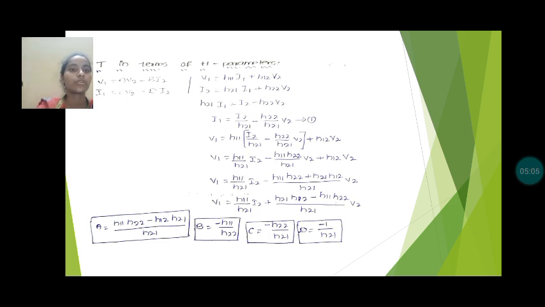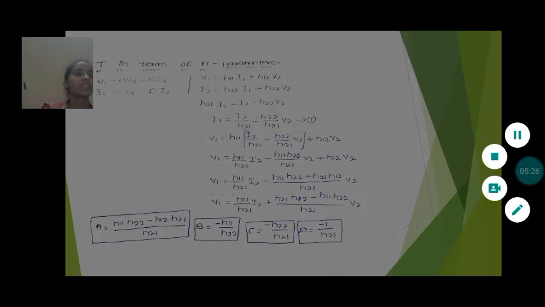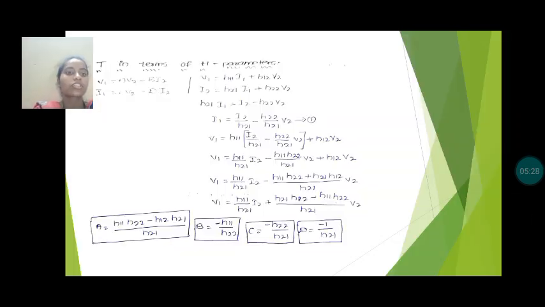V1 equals H11 into I2 by H21 minus H22 by H21 V2 plus H12 V2. So V1 equals H11 by H21 I2 plus (H21 H12 minus H11 H22) by H21 into V2.